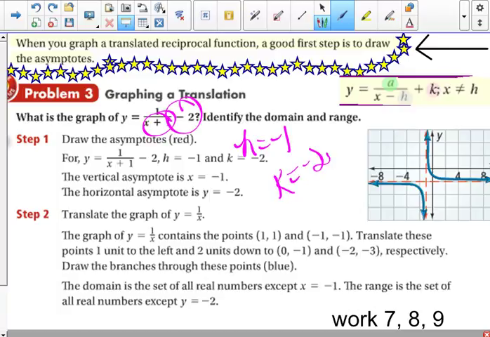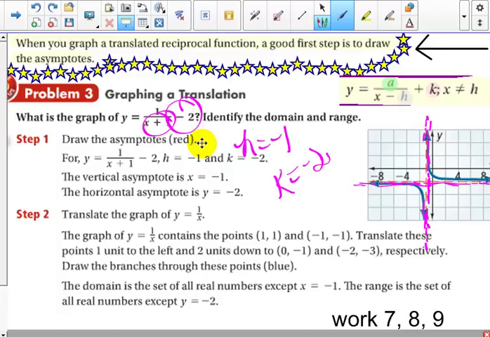So these become my new asymptotes. So let's plot these. My h becomes my new vertical, and my k, the negative 2, becomes my new horizontal asymptote. Okay, so now if this is it, then we know we can just apply that parent function.